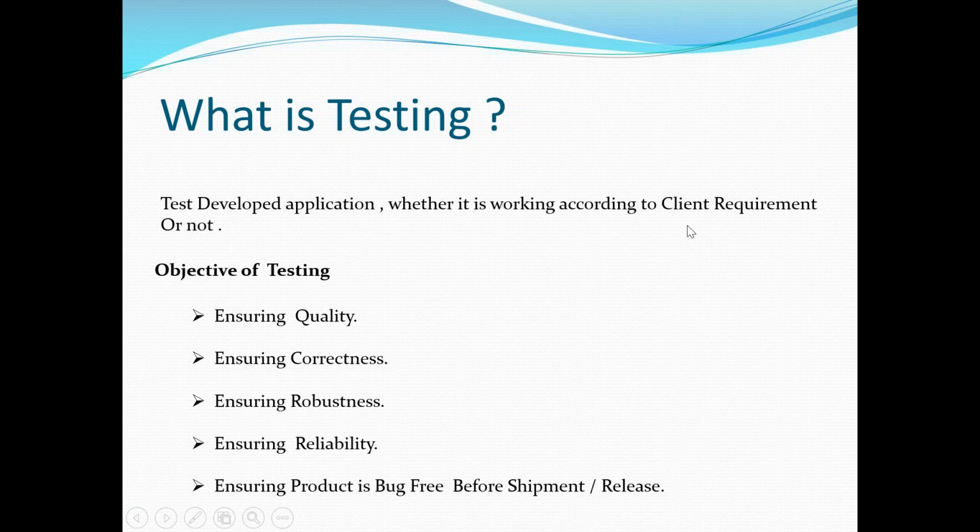The client gives some requirements, and based on them the development team builds the application, and it comes to the QA. What does QA mean? We testers are called QA. Then QA needs to verify, but I don't know what to verify, so I go to the requirement document. Can I understand each and every requirement?